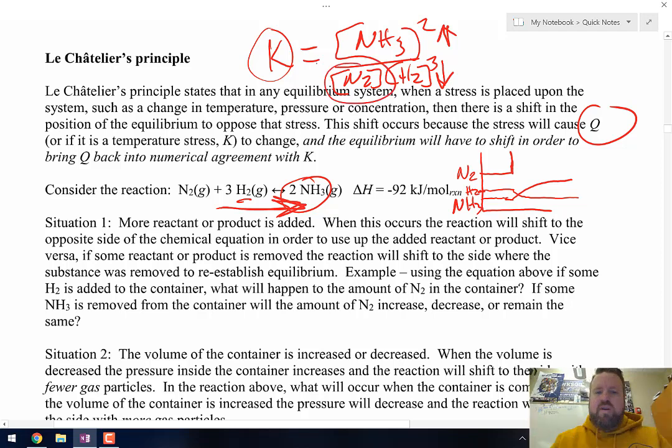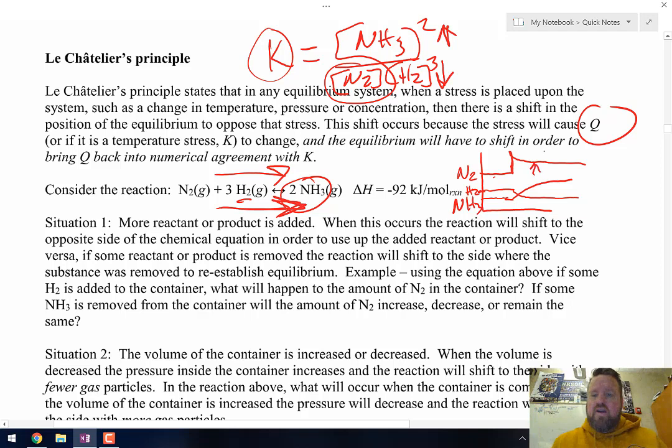However, there is some nitrogen we have to consider as well, because the amount of nitrogen did go up, and the reaction is going to shift to the right. So once it goes up, what's it going to do as it shifts to the right? It's going to go back down. Okay, but you'll notice as it goes back down, it will never get down to as low as where it was before.